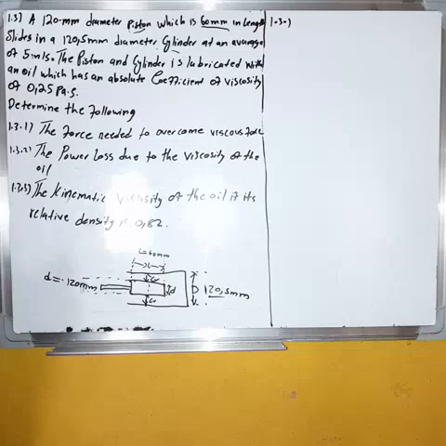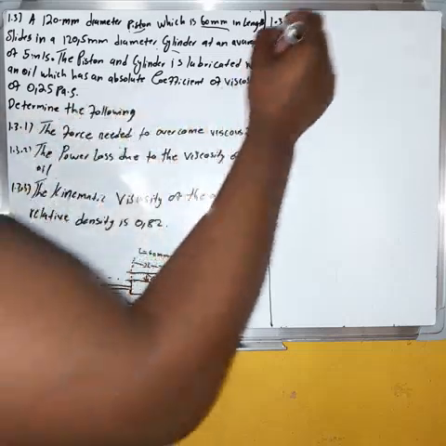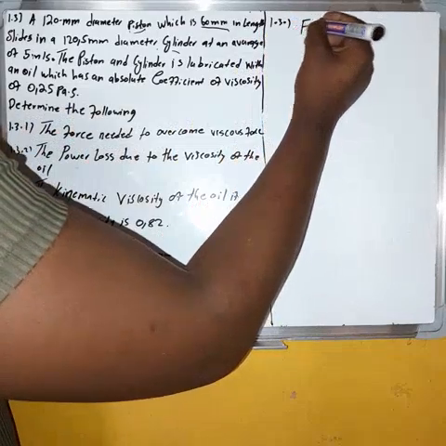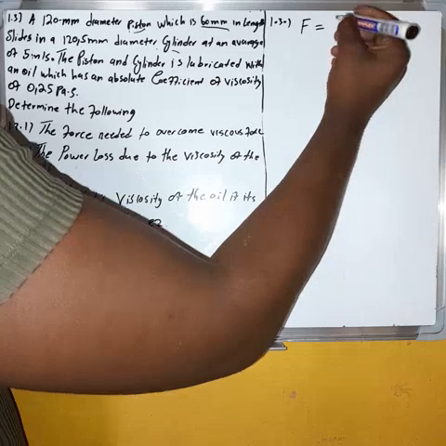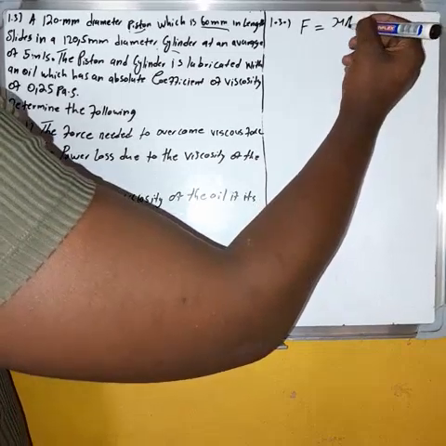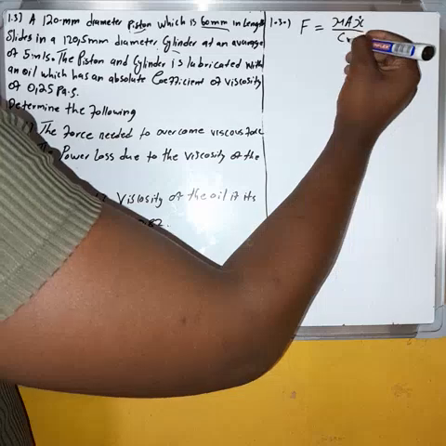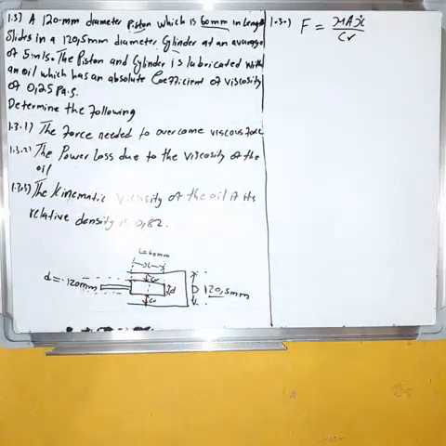Now we answer 3.3.1, the force needed to overcome viscosity. We know that force must be given by the coefficient of viscosity multiplied by area multiplied by velocity over clearance. That's how we calculate the force, right?